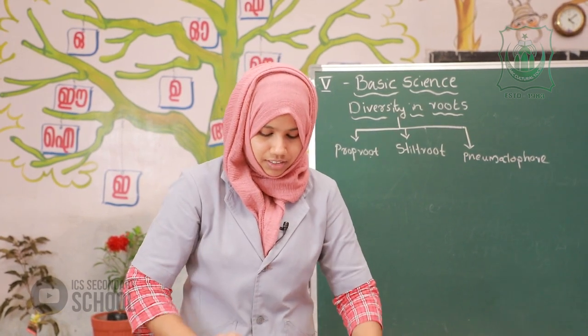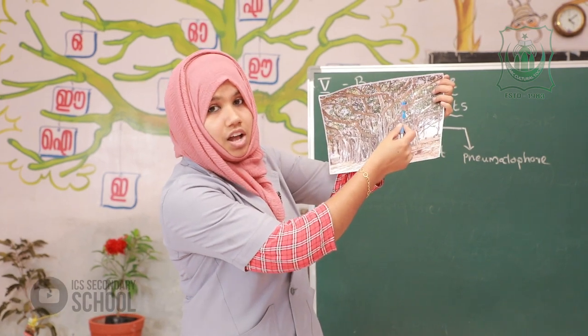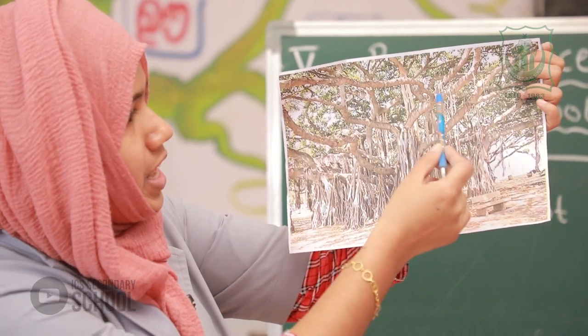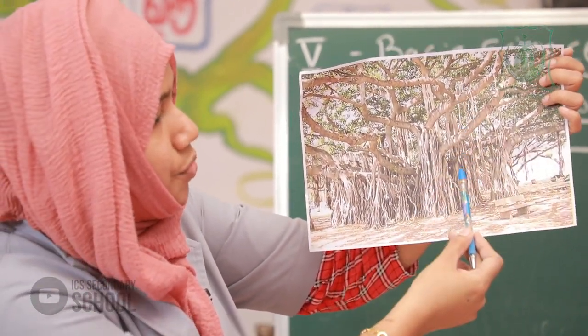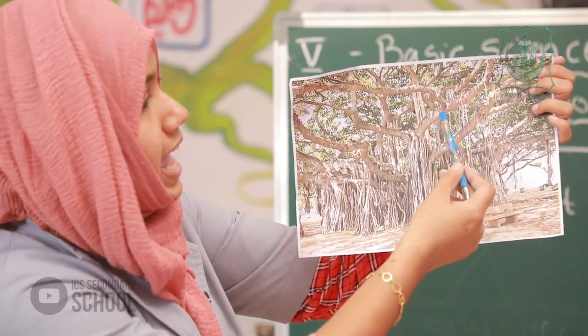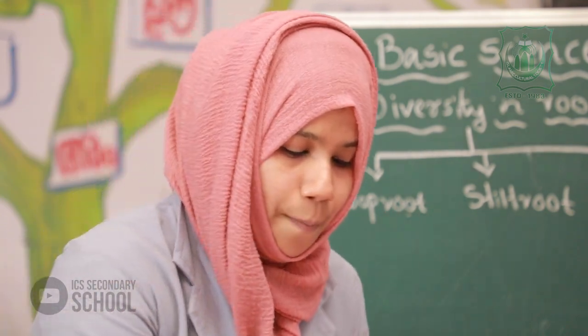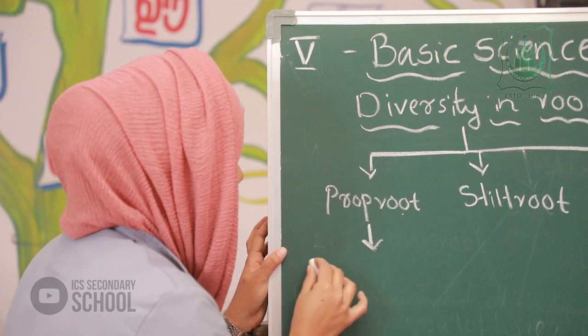Look at this. The root grows downward from the aerial branches. That is prop root. So prop roots are the roots of the banyan tree.